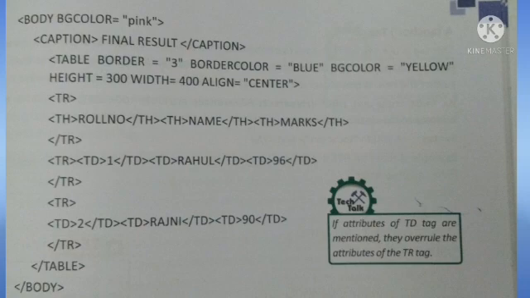Then close the tr tag. For the third row, open the tr tag and enter table data 2, Destiny, 90 within the opening and closing td tags. Then close the tr tag.